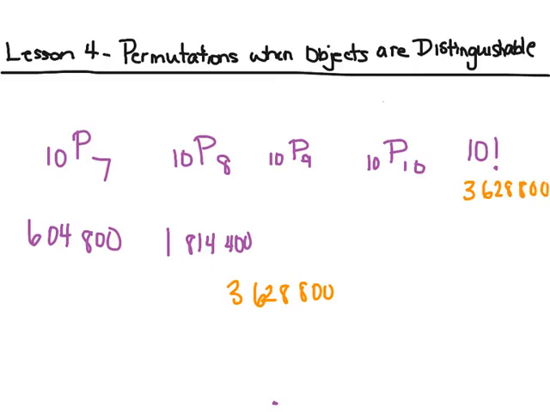And 10 pick 10 is 3,628,800. As you get bigger and closer to your maximum, there are only so many ways. So 10 pick 9 and 10 pick 10 are the exact same number because there's only a certain number of orders in which you can choose objects. Getting closer to the number you picked gets you closer to that number as a factorial.